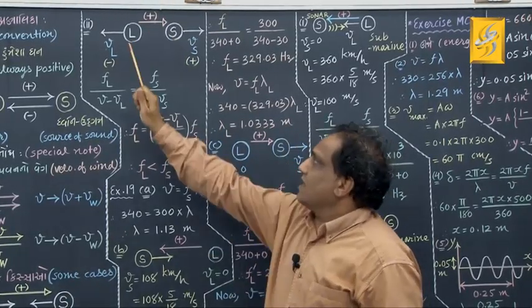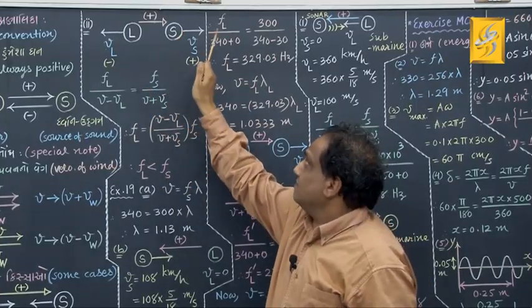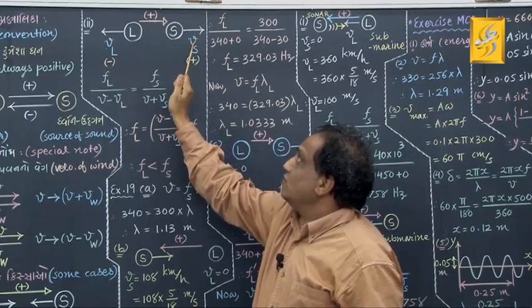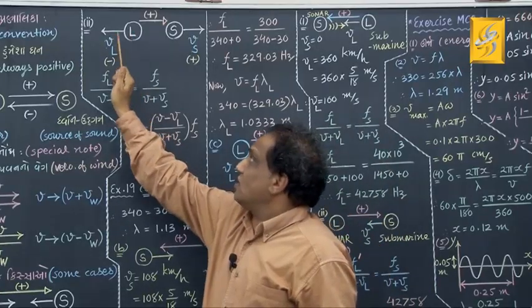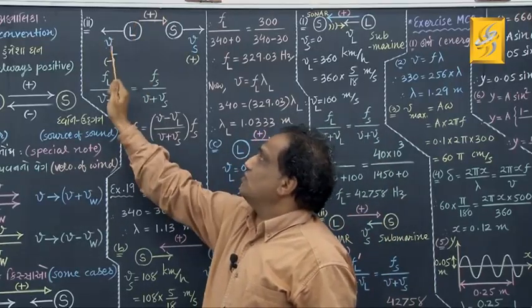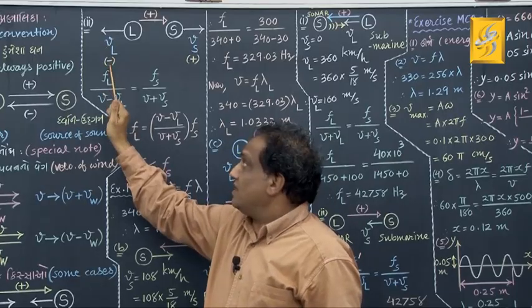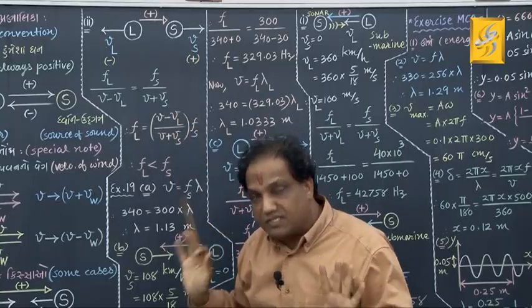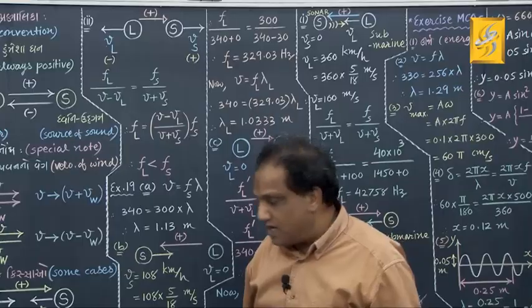Now tell me, out of these two velocities, this velocity is in the same direction as this direction, so it should be taken positive. But this velocity is opposite to this, so it should be taken negative. Correct? So VL should be replaced by minus VL and Vs should be replaced by plus Vs in the standard formula. Just make these changes in the standard formula.